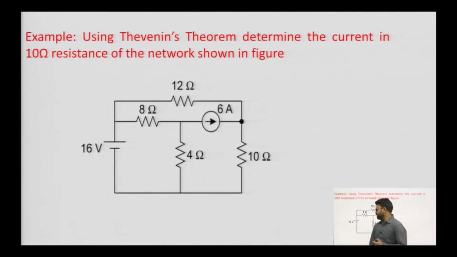Now, there is another example in which we have to find out the current in the 10 ohm resistor. Again, we will follow the same method. First of all, I will open circuit this 10 ohm resistor.